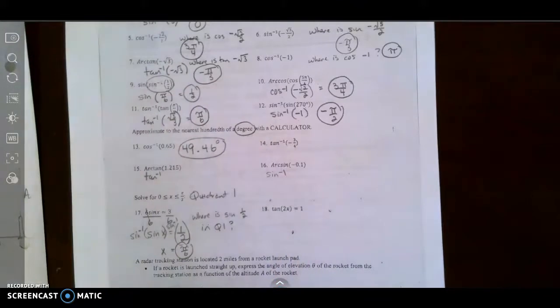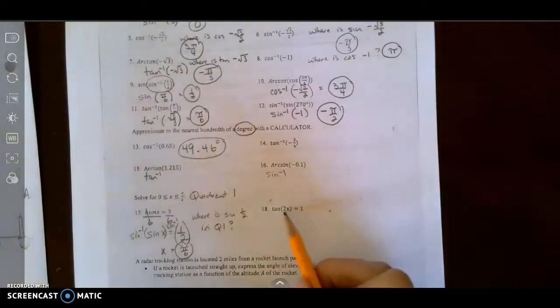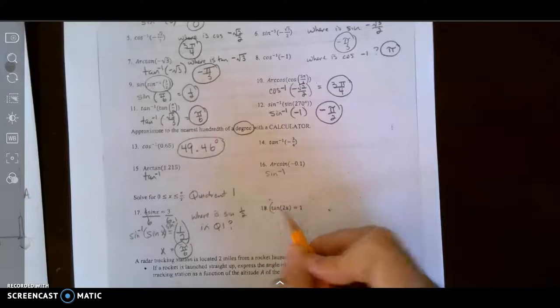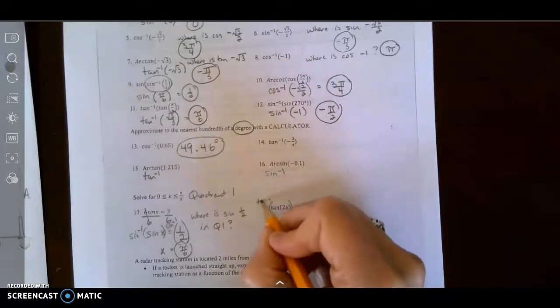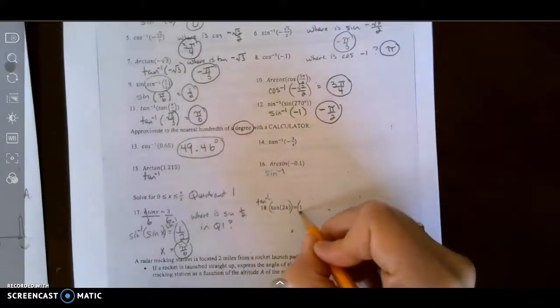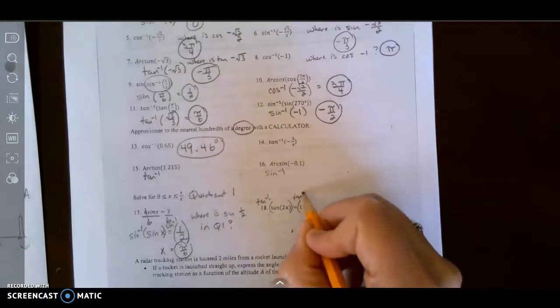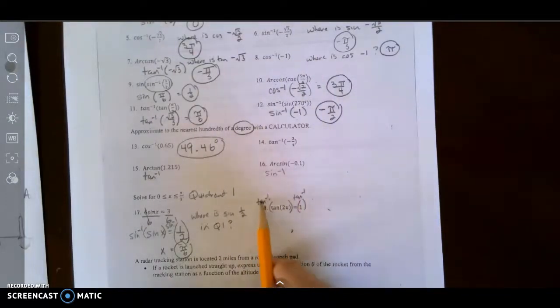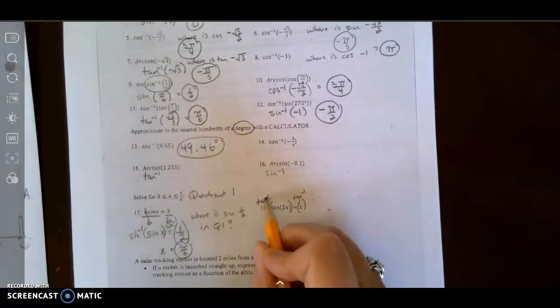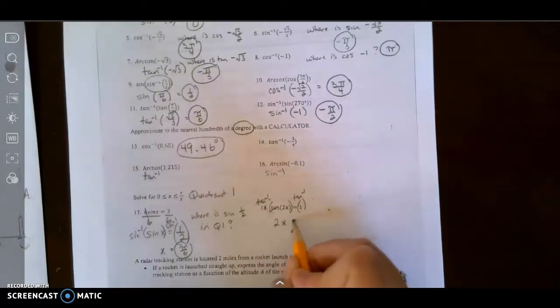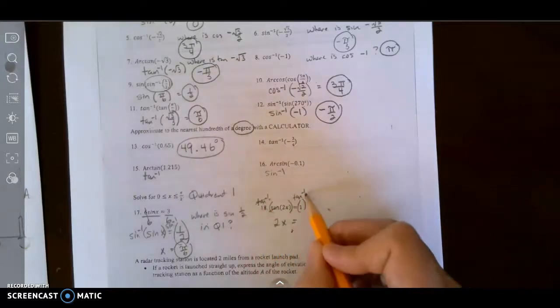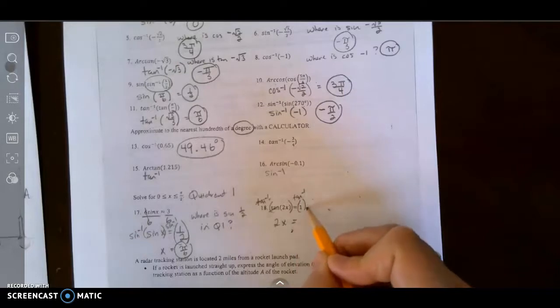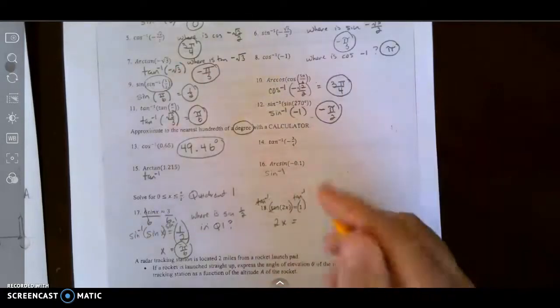All right, let's solve this one. Well, on this one, I can't divide by 2 because that's in with the tangent. So I'm going to just start off by taking the inverse so that I can get rid of that word tangent. Well, here tangent and inverse tangent cancel. I'm just left with 2x equals, where is the tangent 1? That's what this right here says.